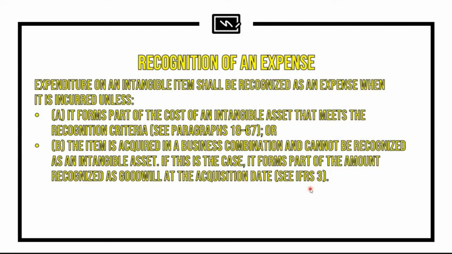If you have an internally generated goodwill, it is not going to be recognized in the books, because only goodwill arising from a business combination will be recognized as an intangible asset, but not under IAS 38, rather under IFRS 3. Okay, so I hope that's clear.